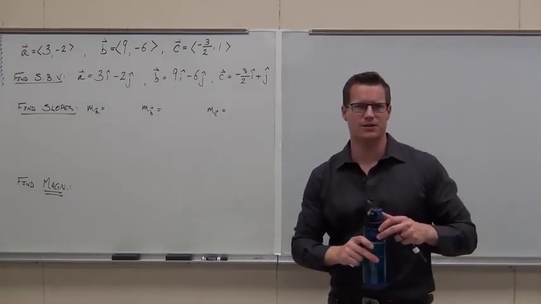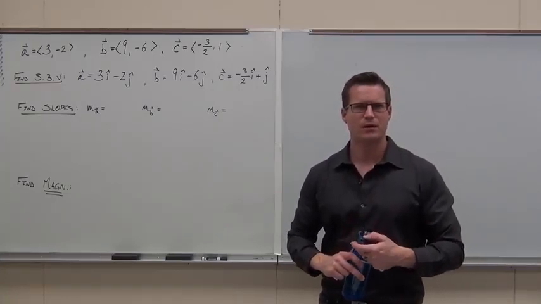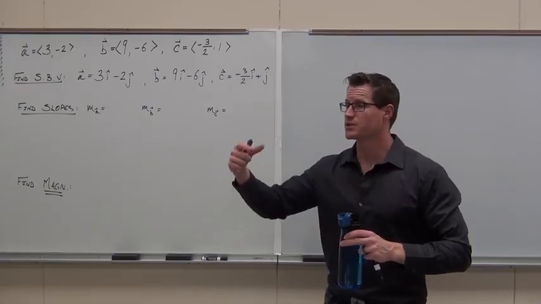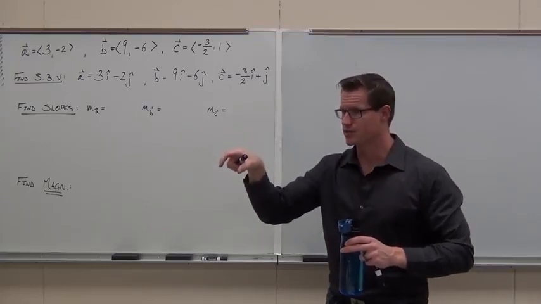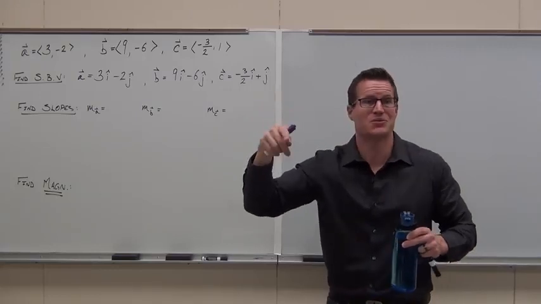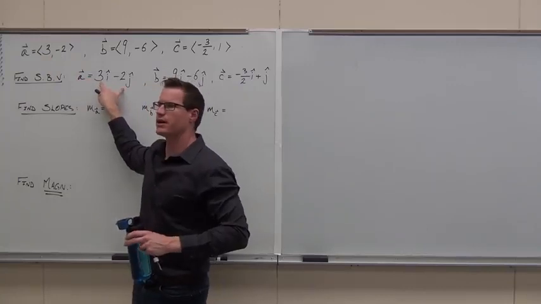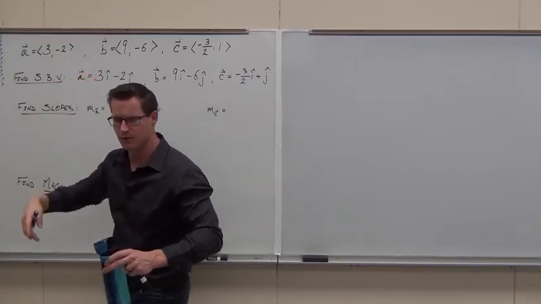How do you find the slopes for position vectors? What would you do? Since we have position vectors and our initial point is 0, 0, that whole rise over run thing works really nice because it's literally given by here or here. And get used to finding slope from either one. They both work exactly the same.